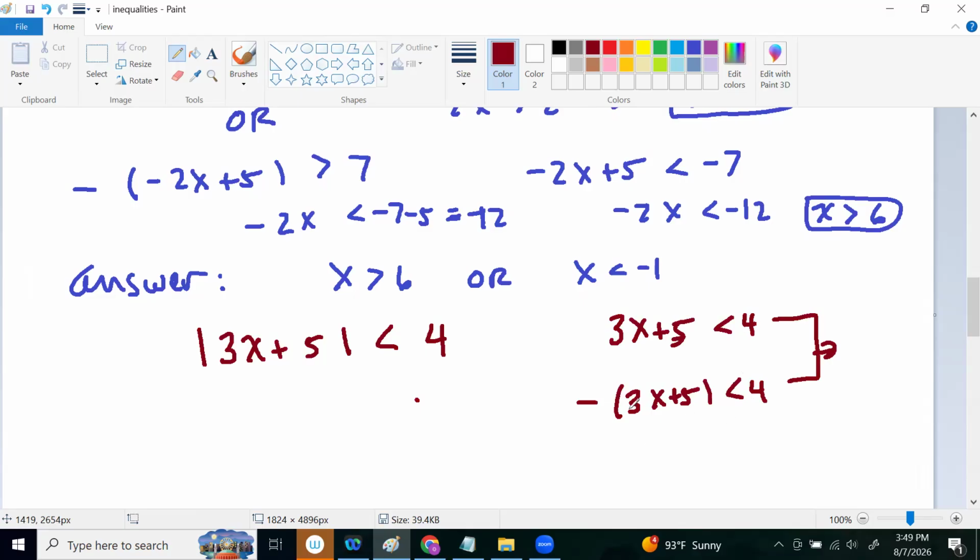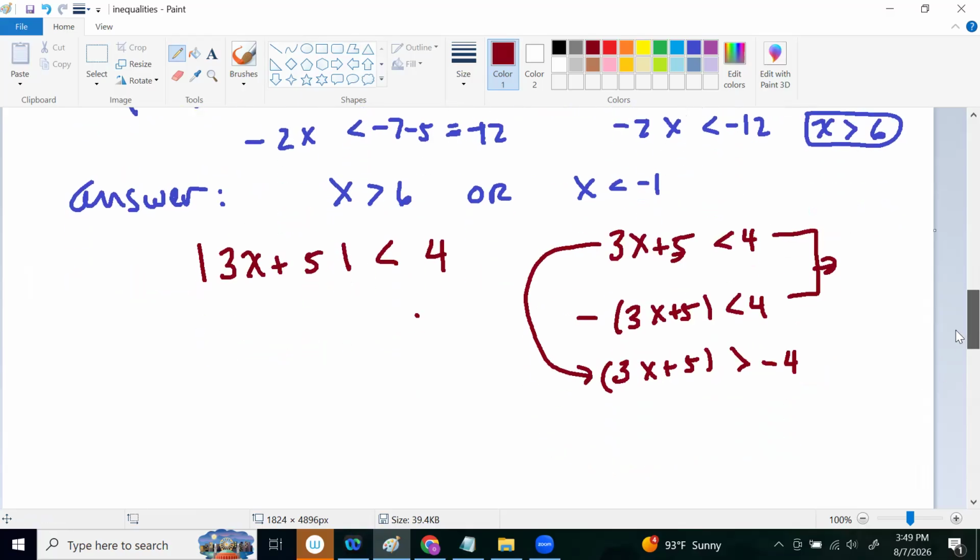Yeah, that's correct. If you multiply through by negative 1, I get 3x plus 5 is greater than negative 4. So we have this condition, and then we have this condition, either one works.